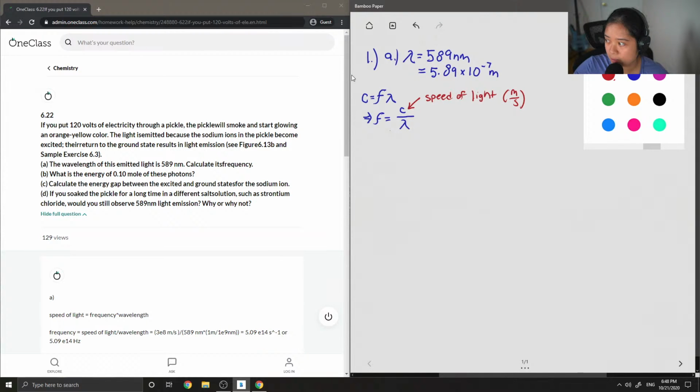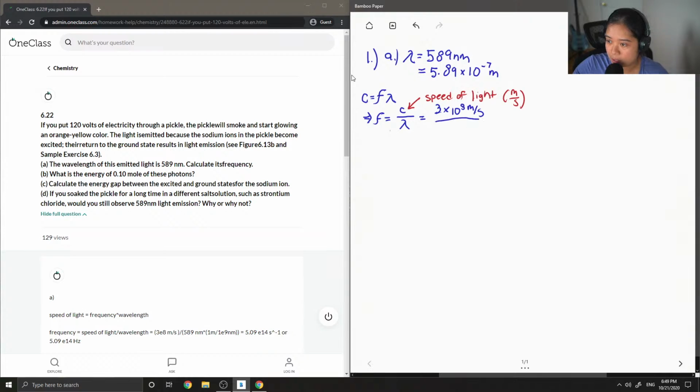So if I plug all my values in, the speed of light is 3 times 10 to the 8 meters per second.